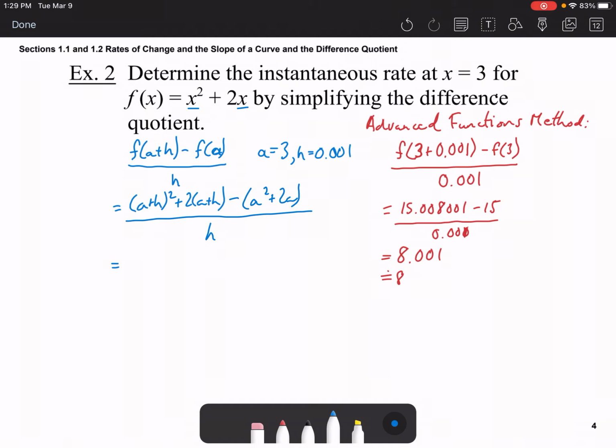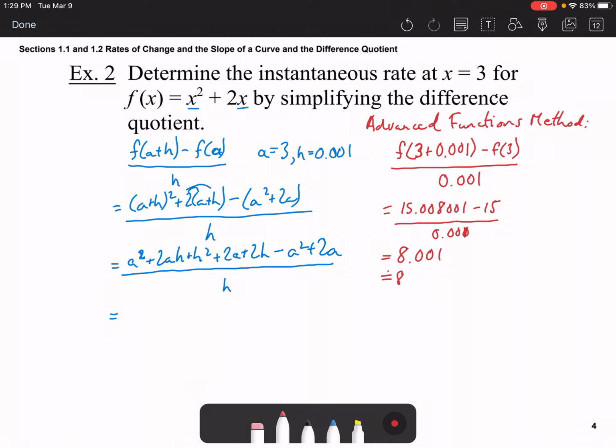So a plus h squared is a squared plus 2ah plus h squared, plus, now we expand the 2a and the 2h, so 2a plus 2h, minus the a squared plus the 2a, all over h.